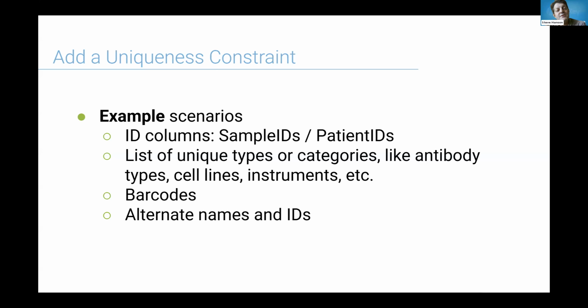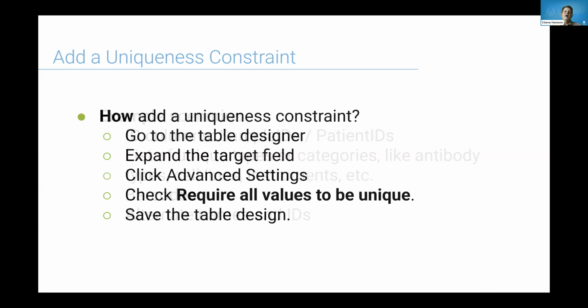Things like antibody types or cell lines or instruments. Also, as I mentioned, barcodes and alternate names and IDs can be a great addition to a table, and you can configure them with a uniqueness constraint.